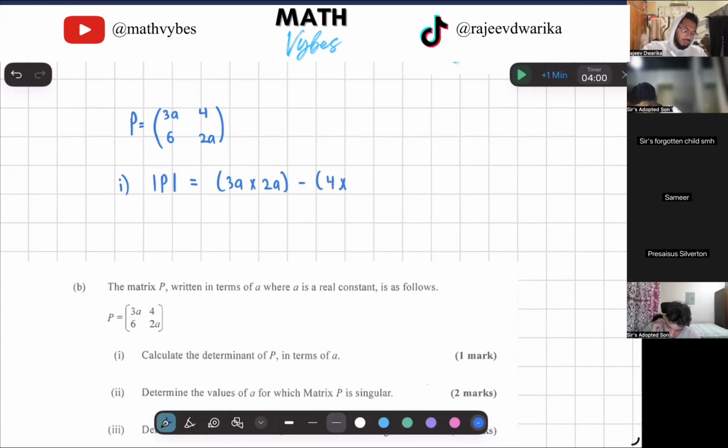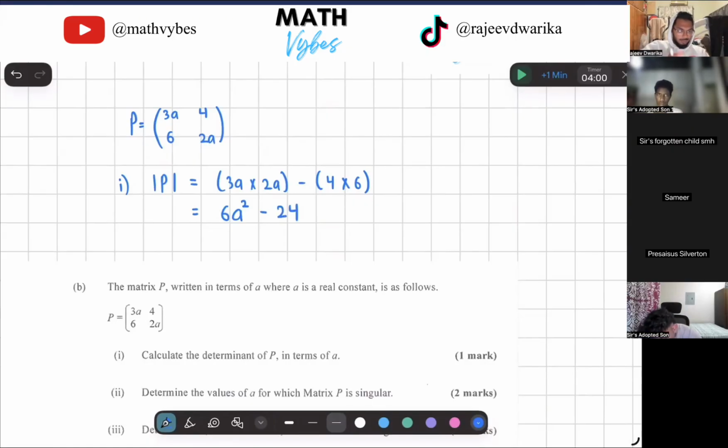Yes, like that. So the first diagonal minus the second diagonal. Right? So what is 3 by 2? 6. A by A is? A squared. Right? 4 by 6 is? 24. Great, that's the answer.